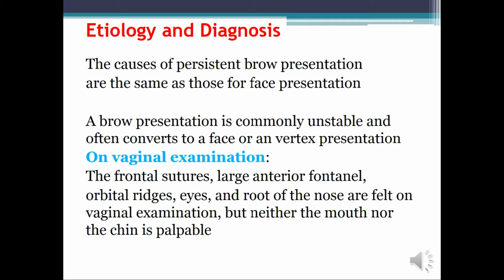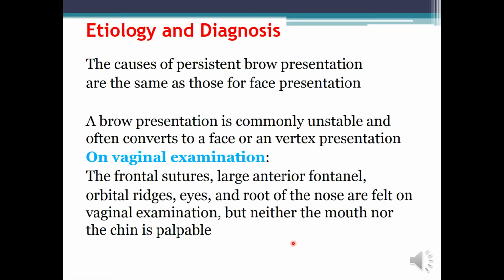On vaginal examination, the frontal sutures, large anterior fontanelle, orbital ridges, eyes, and root of the nose are felt, but neither the mouth nor the chin is palpable. So by that we can differentiate between face presentation and brow presentation.